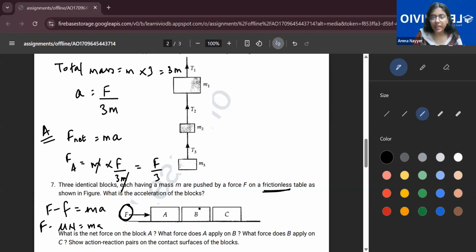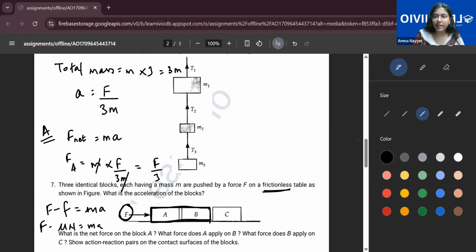Yes. Okay. Now see, when you're talking about block B, this F is acting on A and B right now. In this question, there is one force being applied. This is the force F. To find the force that block A applies on block B, we consider the combined masses of the blocks.